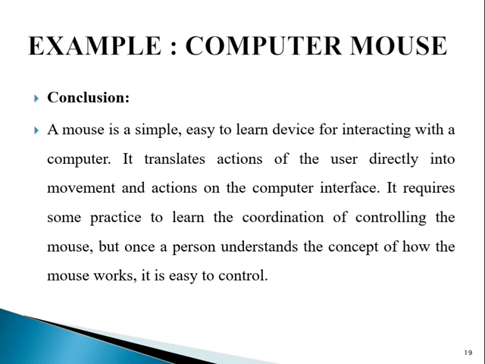And lastly, the conclusion. So this is the main part of what your object is. A mouse is a simple, easy to learn device for interacting with a computer. It translates actions of the user directly into movement and action on the computer interface. It requires some practice to learn the coordination of controlling the mouse, but once a person understands the concept of how the mouse works, it is easy to control.